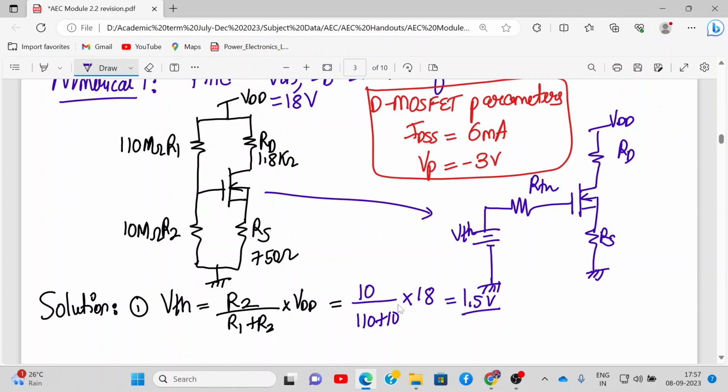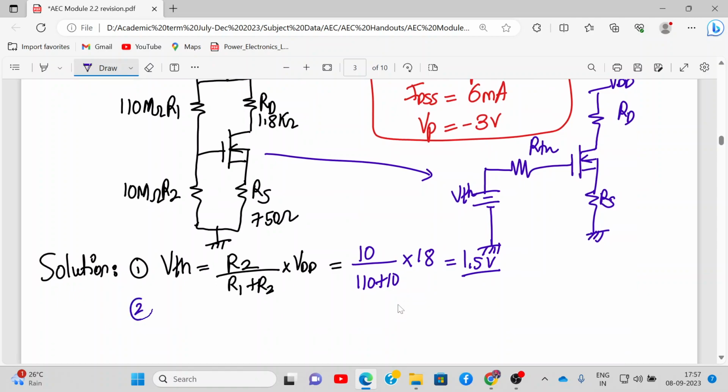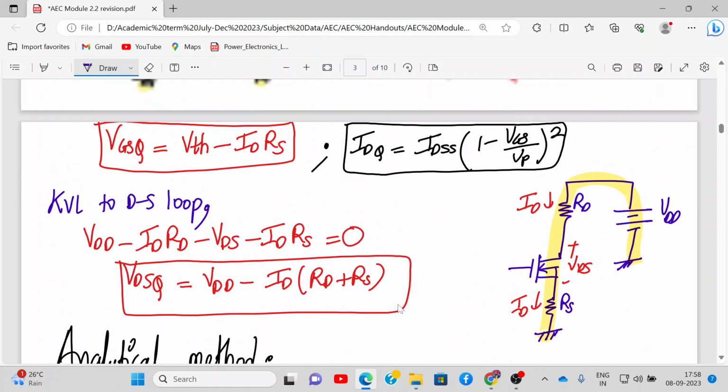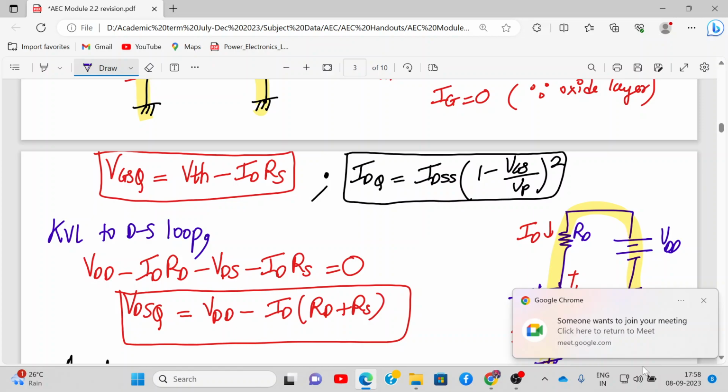Yes, it's 1.5, correct. Then there is no need to find RTH. So find what is VGSQ? It's VTH minus ID RS. Just check. See, VTH minus ID RS.